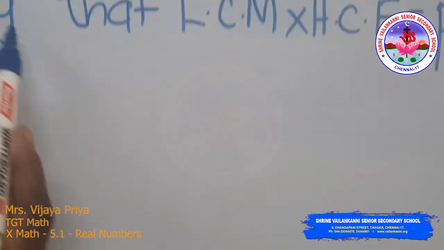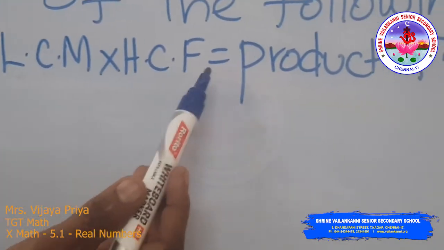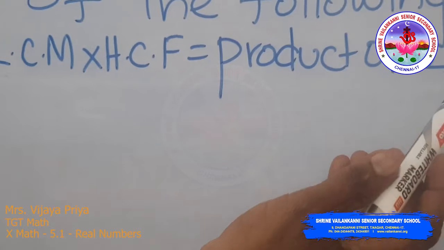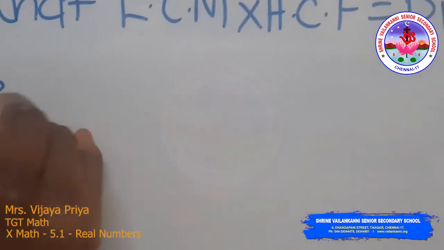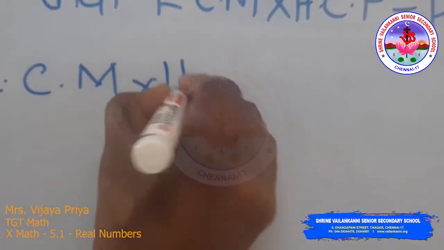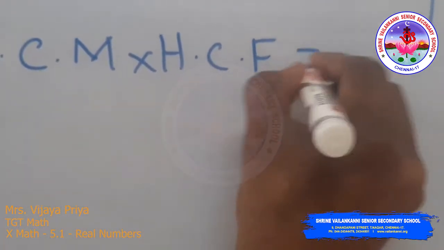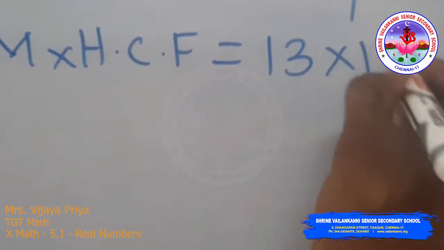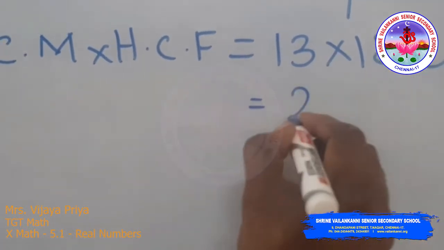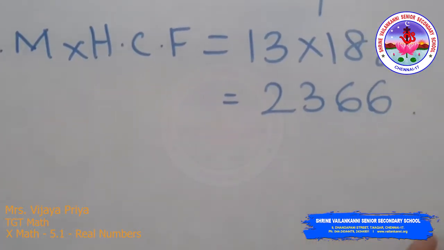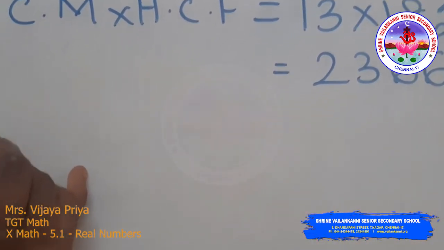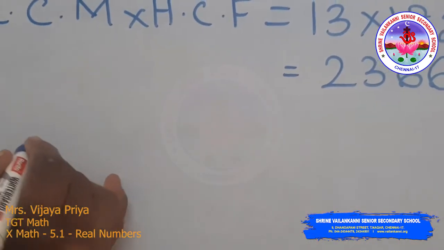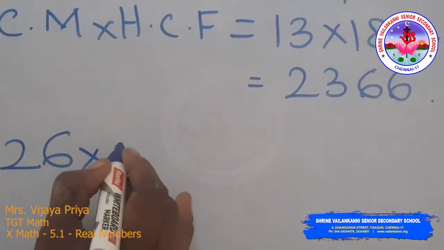Now I am going to verify that LCM into HCF is equal to the product of the two numbers. Taking my left hand side, LCM into HCF is equal to 13 into 182, which is equal to 2366. Now coming to my right hand side, the product of the two numbers. The given two numbers are 26 and 91.